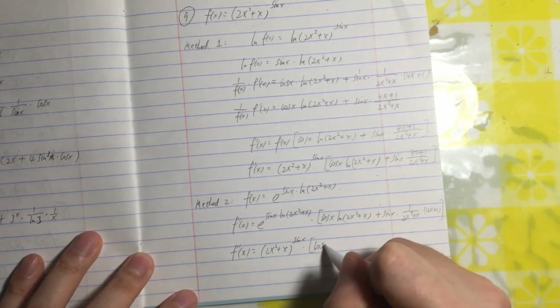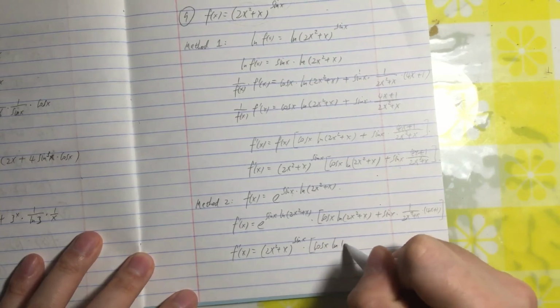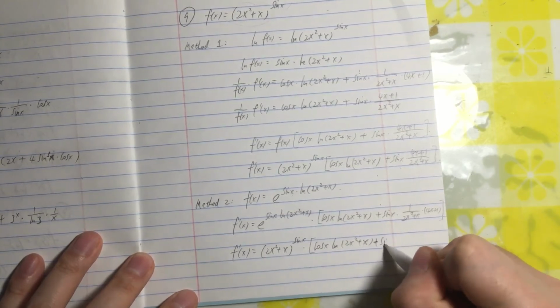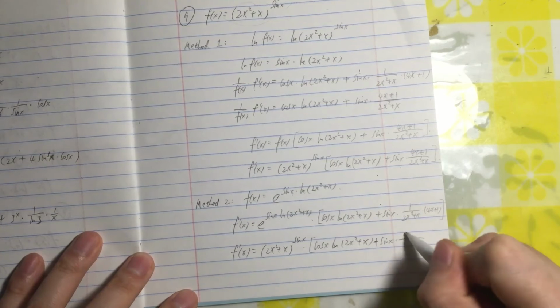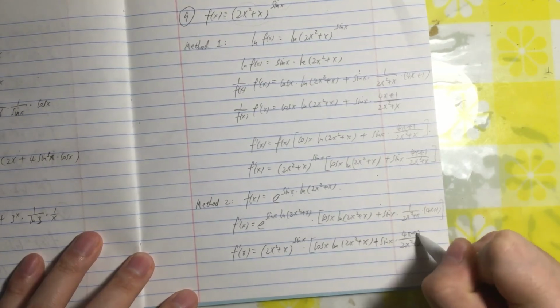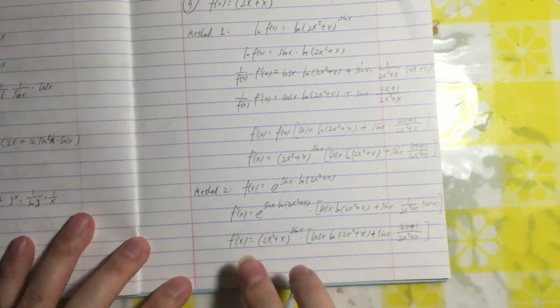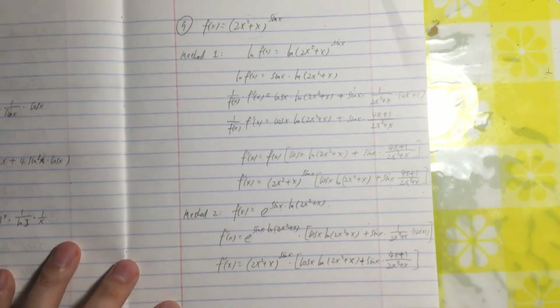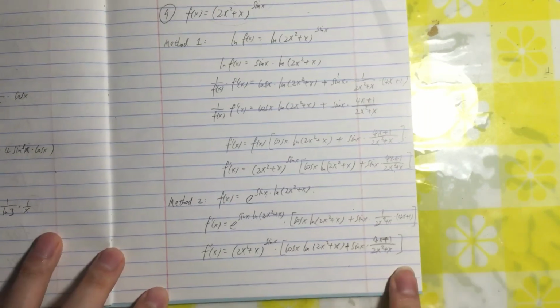We have cosine x times Ln of 2x squared plus x plus sine x times 4x plus 1 over 2x squared plus x. We get exactly the same answer. So using both methods, we get exactly the same answer.